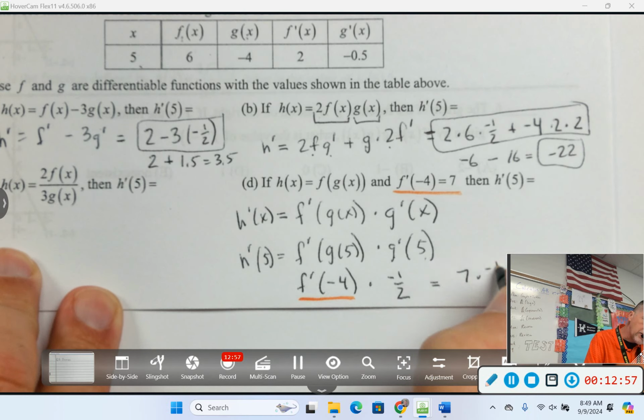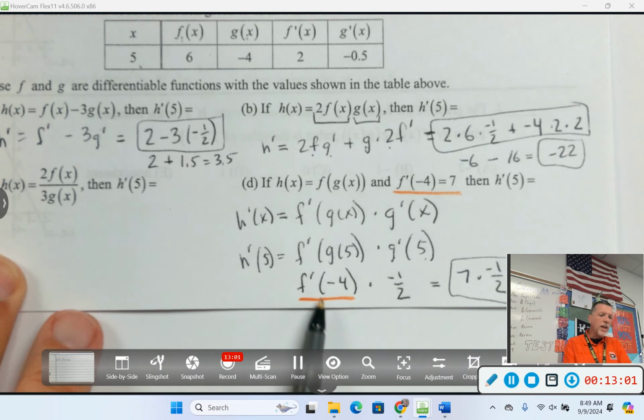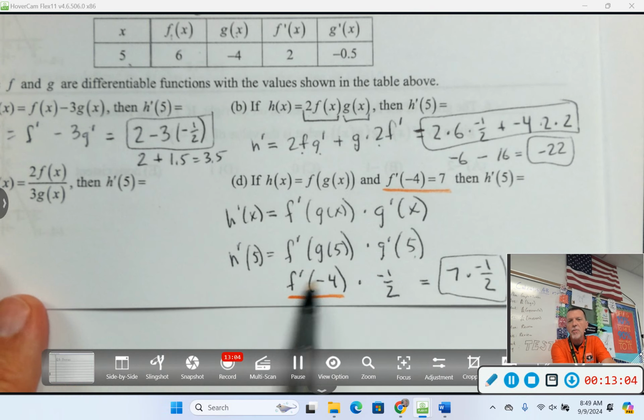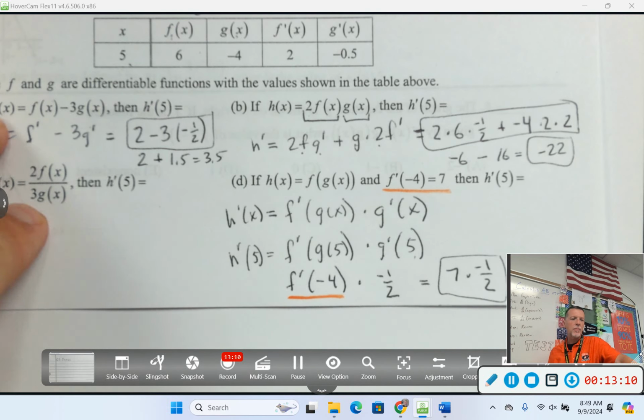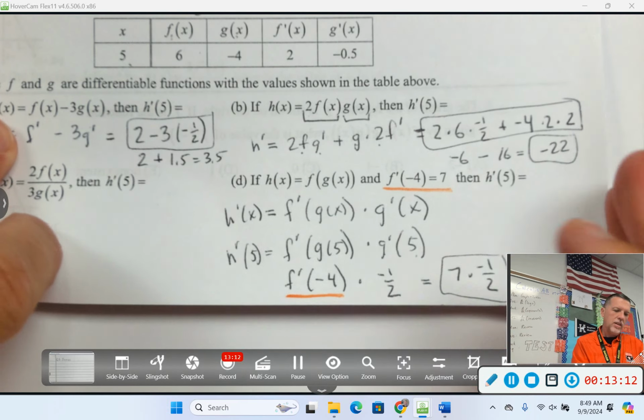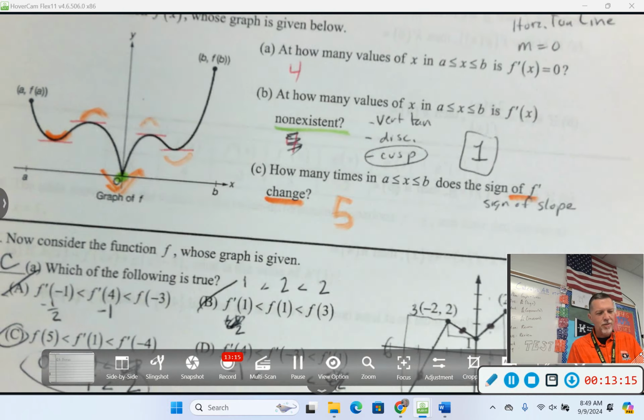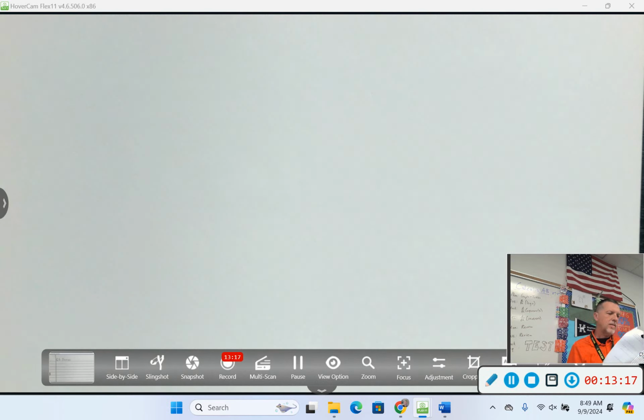So 7 times negative 1/2. That would be a safe stop. By the way, it would not be a safe stop with F prime of negative 4 sitting there. You can't safe stop that. You've got to plug that value in, and then you're okay to safe stop. Right, like all this is review, basically, so far.